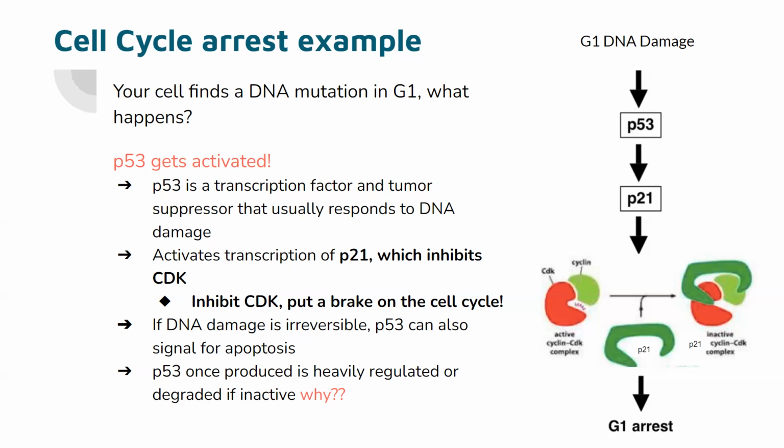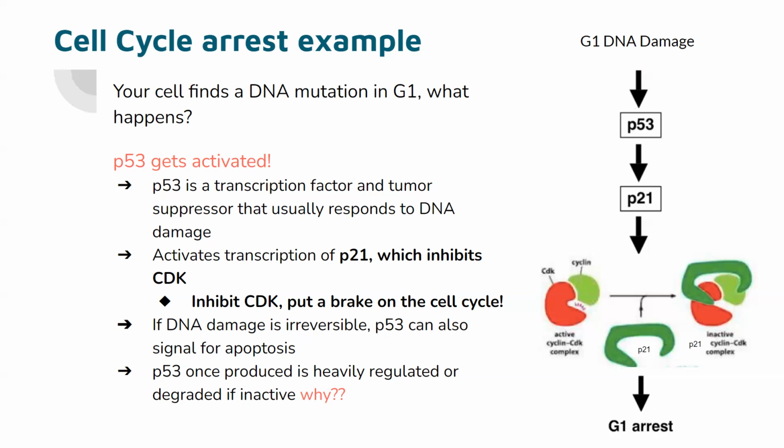And so if DNA damage is irreversible, P53 can also signal for apoptosis. But I would like to put an emphasis on this. P53 is very, very well regulated. Cells always keep an eye out for P53 function.